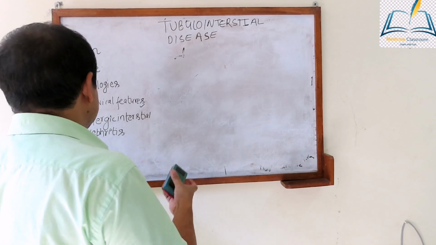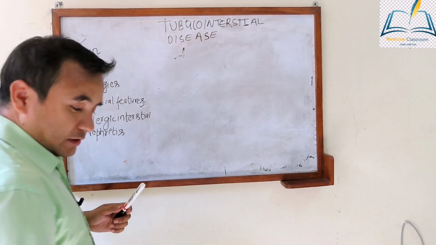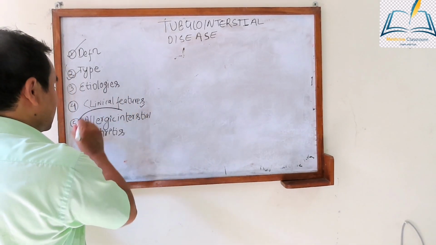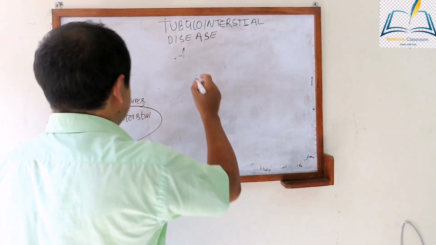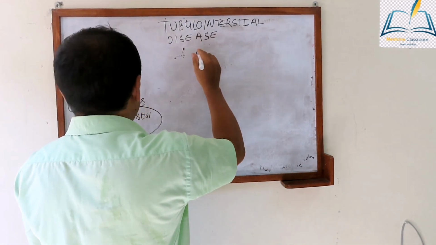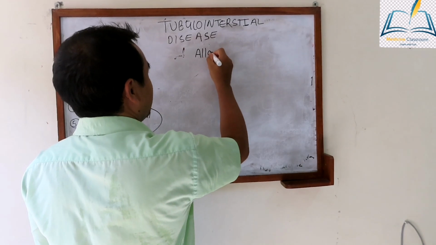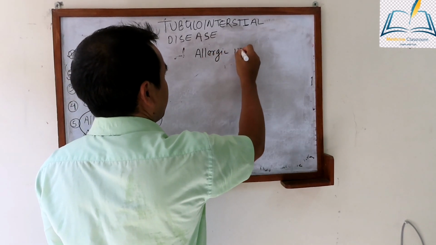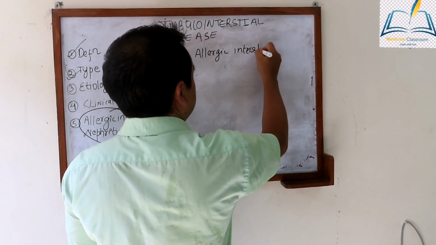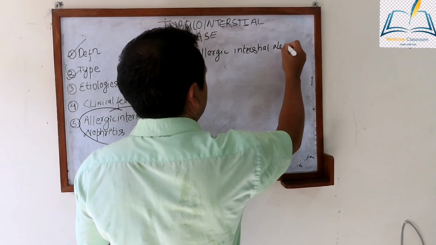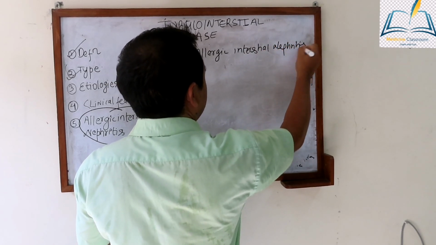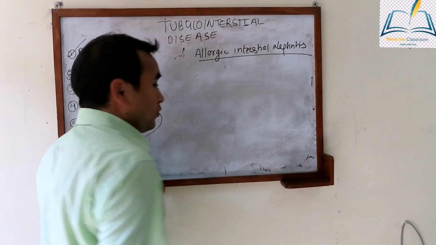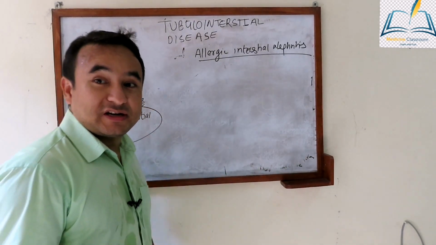So let us discuss one classical tubulointerstitial disease, allergic interstitial nephritis. Allergic interstitial nephritis is one of the important causes of acute tubulointerstitial disease.